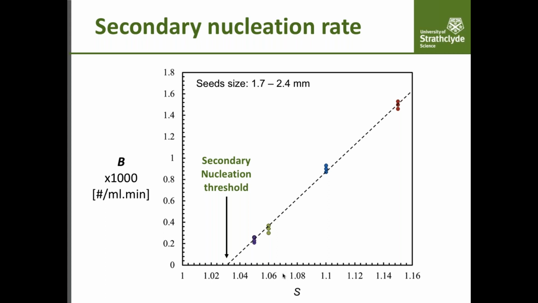And we also found that if we extrapolate towards lower supersaturation ratios, we find a secondary nucleation threshold, which is roughly 1.03 in the case of isonicotinamide in ethanol. This secondary nucleation threshold might be very valuable information in the design of crystallization processes. Below this value, you don't expect secondary nucleation to happen.